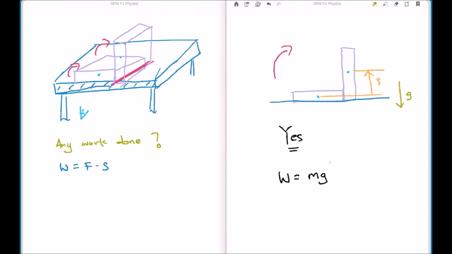You are doing work to go against the gravity. Okay, against the gravity. So therefore, this is my F. Then this is my displacement, which is h, or defined as S.